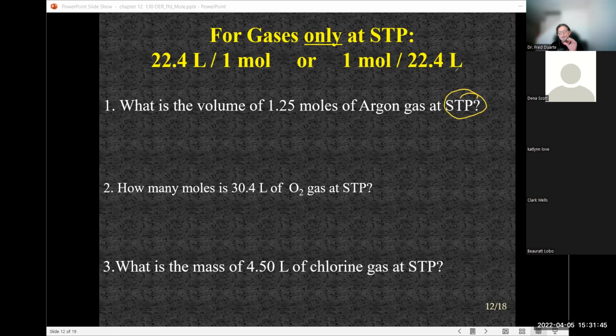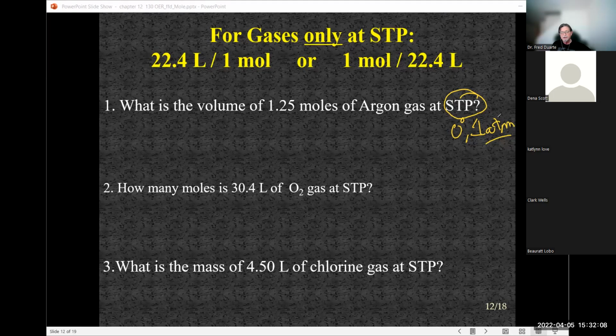These types of questions are important: it must be stated in the problem that you are at STP, or they may state 0 degrees Celsius and 1 atmosphere, which is STP conditions. And so only in those conditions can we do this calculation.